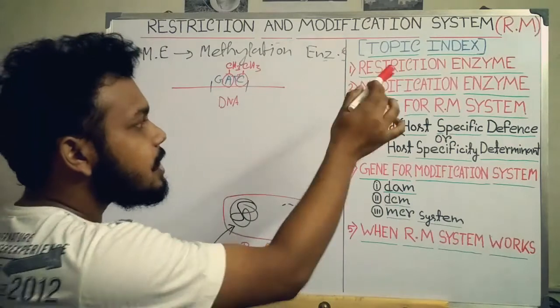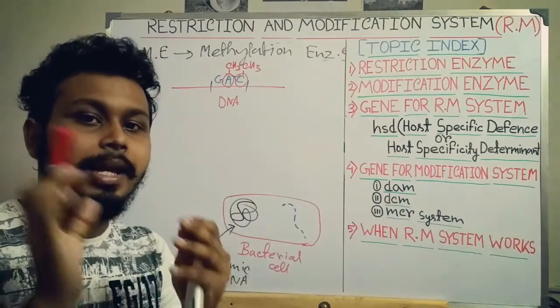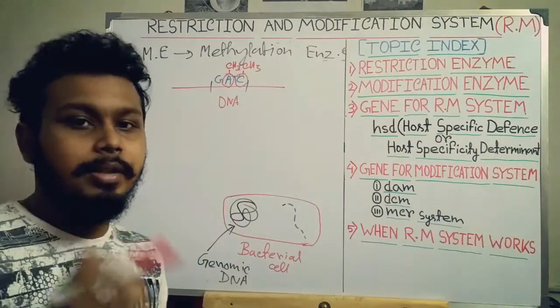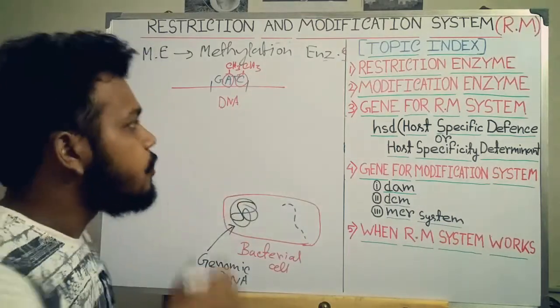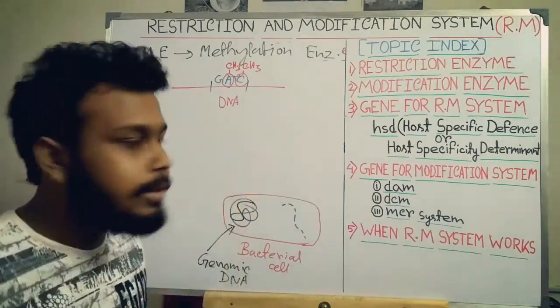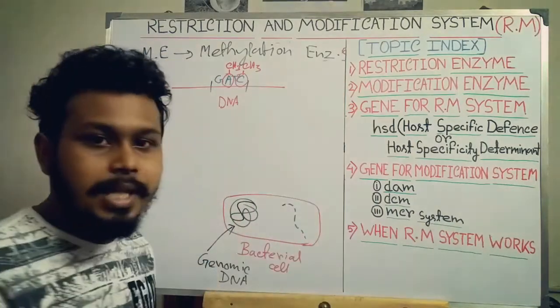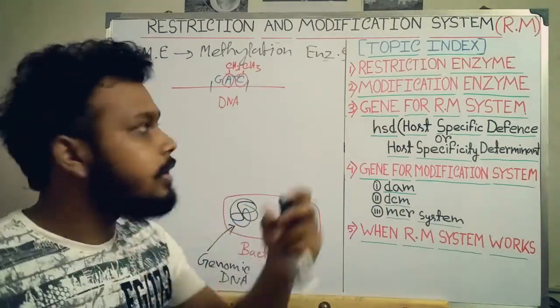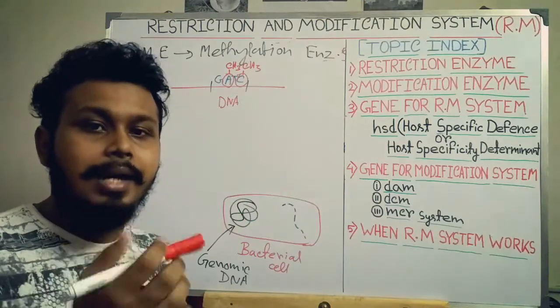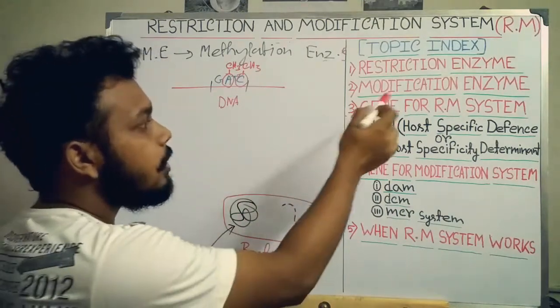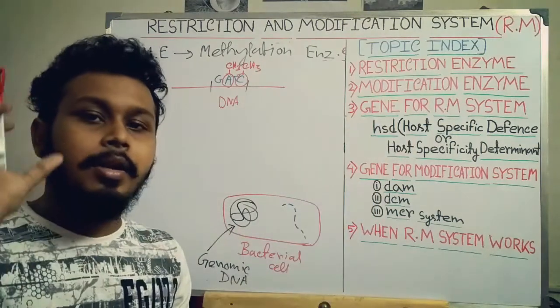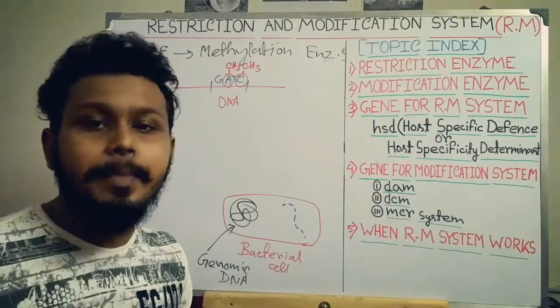In this way restriction enzyme and modification enzyme function. Now remember that the modification enzyme can be conjugated with the restriction enzyme and they can function together, or the modification enzyme can function independently.